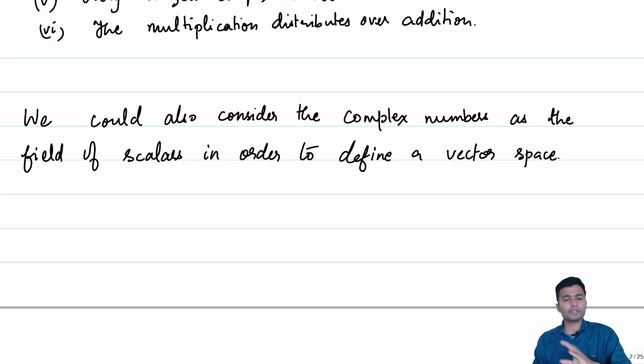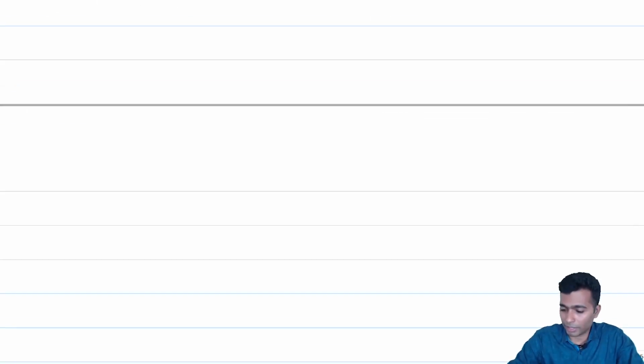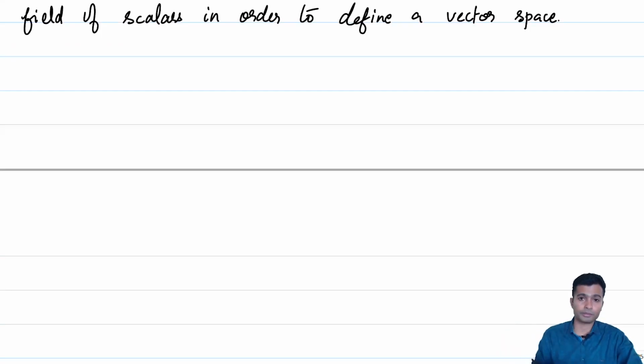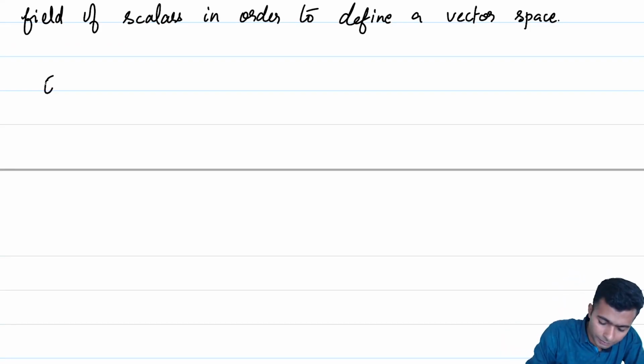Then the definition will be the exact same definition as we have given. Instead of considering scalars to be real numbers, now our scalars will be complex numbers. The same definition can really be taken as a definition for vector spaces over C as well. Let's look at a few examples.